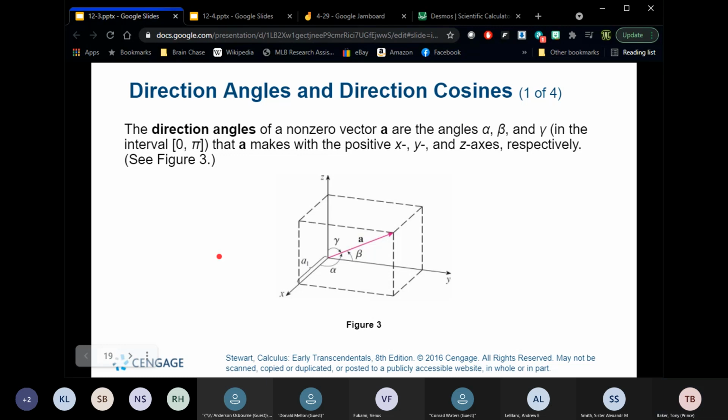You get as many as there are axes. So if it's in 3 dimensions, you're going to have 3 of these angles for each of your vectors. That concept makes sense? If we were doing it in 2 dimensions, I'd only have 2 directional angles, because I just have the x and the y.